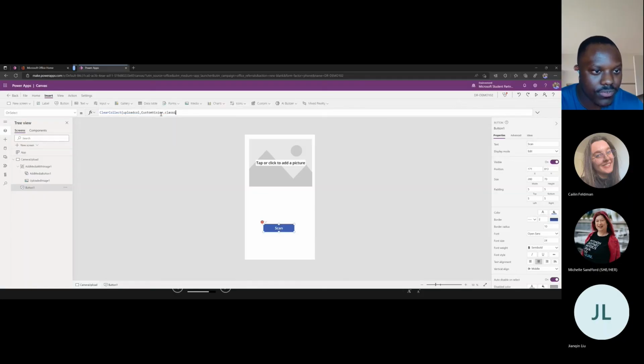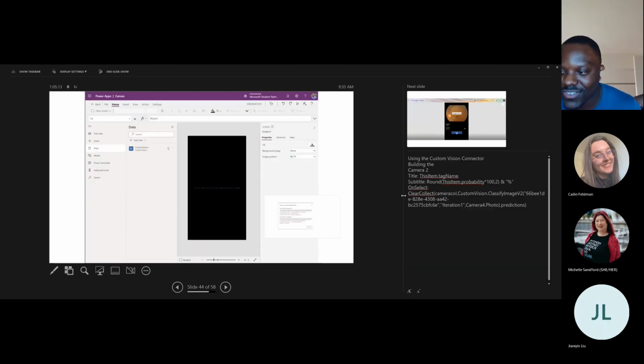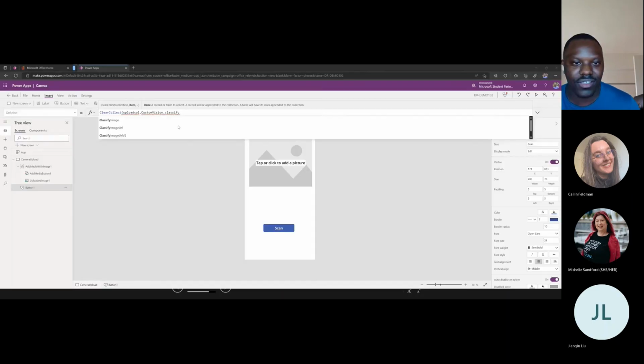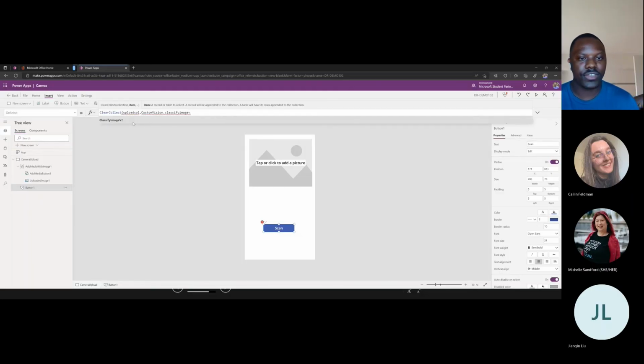The classifying images. I feel like it was that one. But okay, you know what? I'm just gonna check on my own notes. Maybe I put it there. Yep. So it's custom vision classify image v2. Oh, I was on the right track. Image. Yep, v2. And so that's what you need to call the custom vision service.